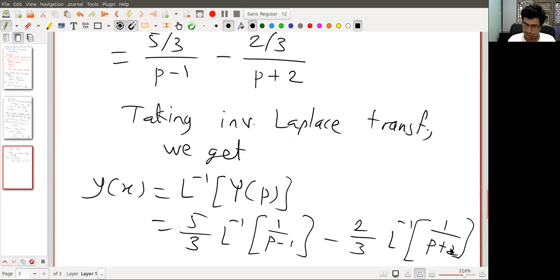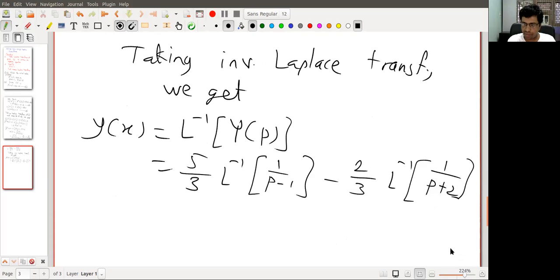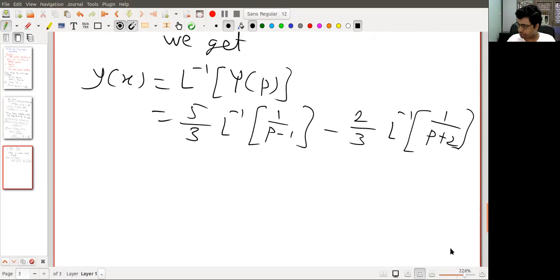Now we know Laplace transform of e raised to ax is 1 upon p minus a.